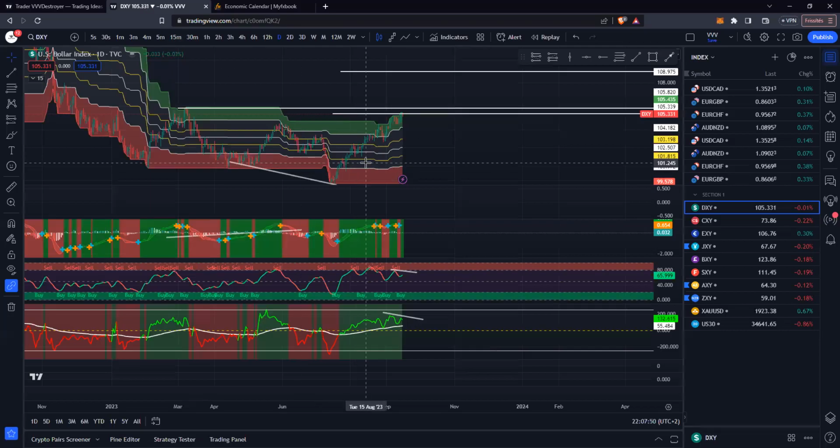So there is gonna be enough liquidity to make a push in the market, and that's what I want to see.